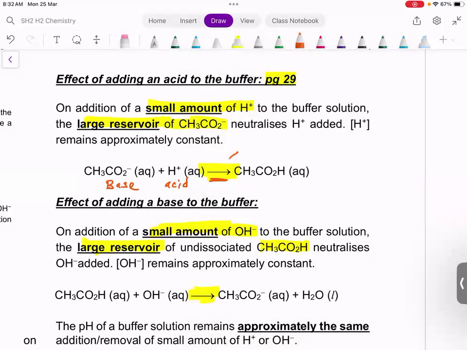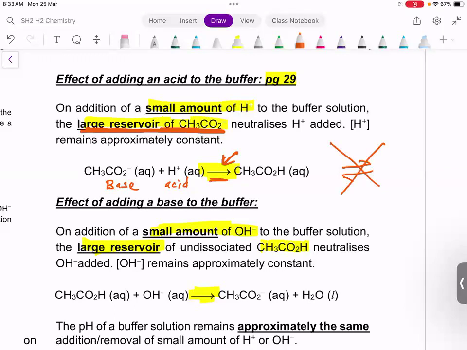Why is it completely removed? It's because you have a large reservoir of the conjugate base. Because of this large reservoir, it will enable a complete removal. If you write a reversible sign, it will be marked wrong, even though the rest are all correct.